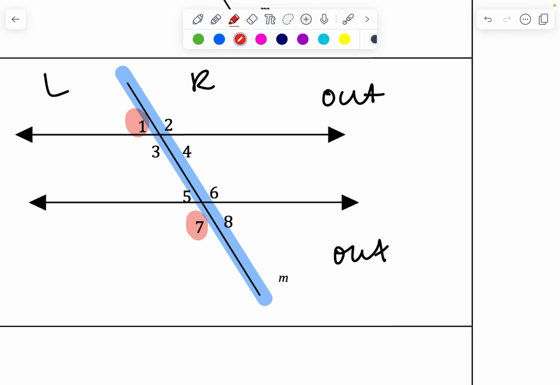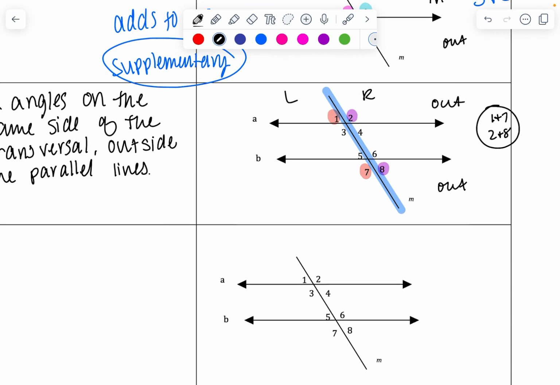They're both on the left and they're both outside the parallel lines. Same thing with 2 and 8. 1 and 7, 2 and 8. Okay, and again, these are supplementary, which means they add to equal 180.